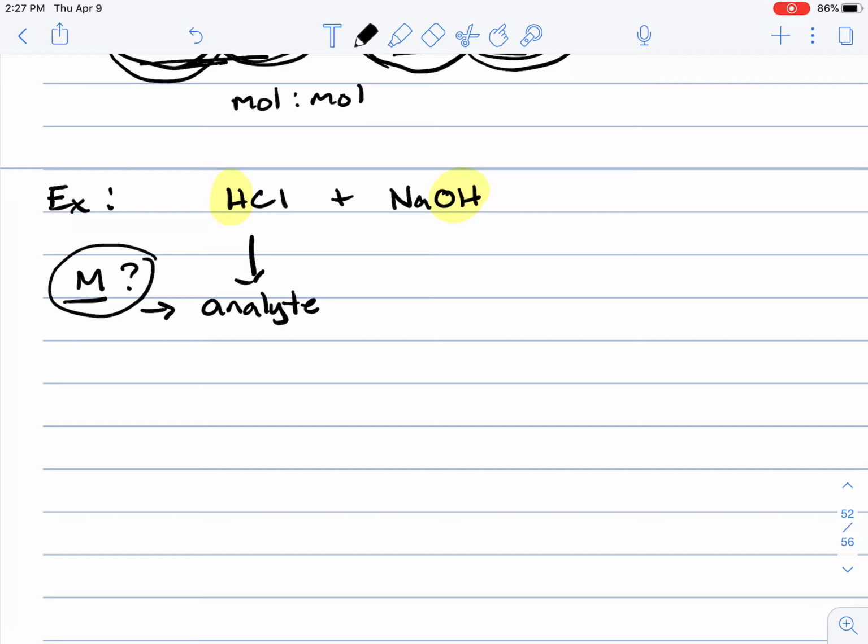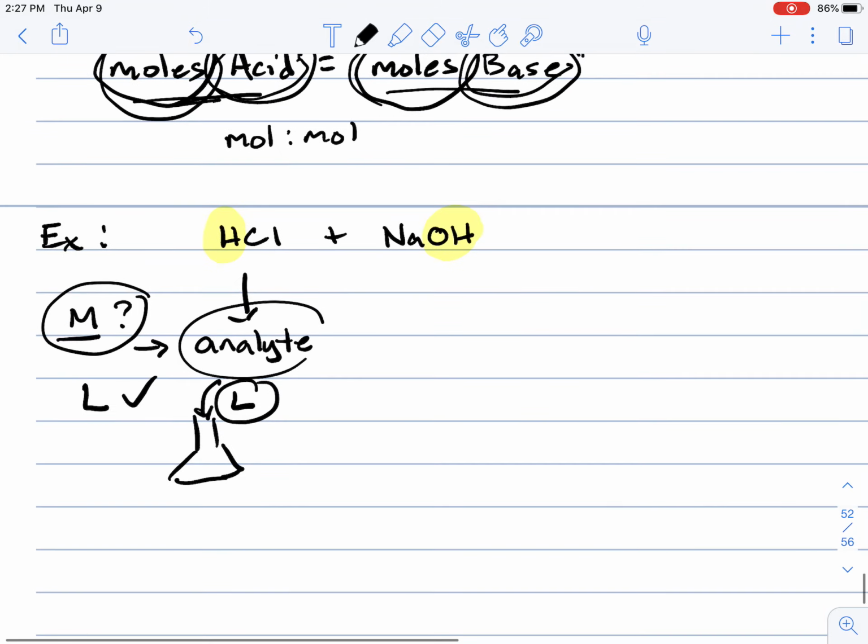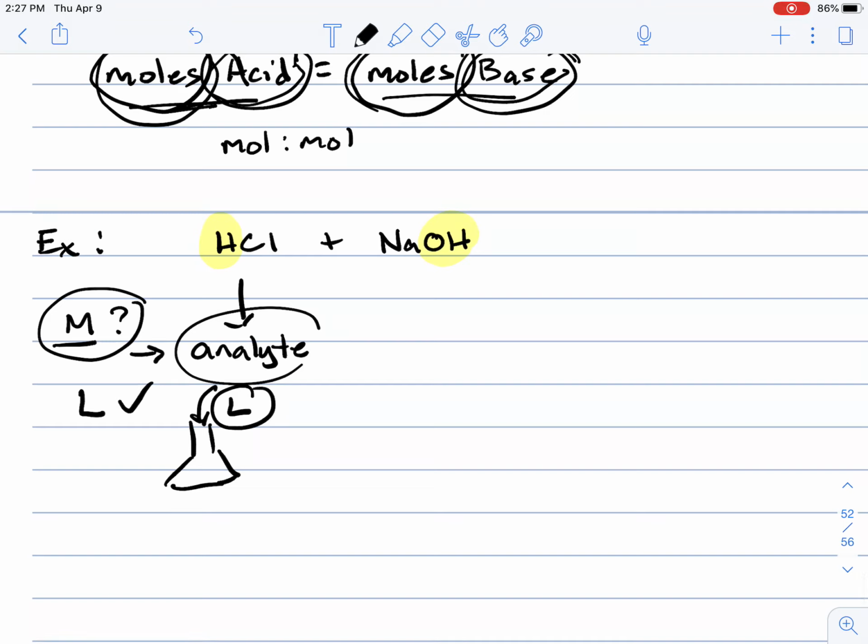But what I do know is the total volume that I've added of the analyte, because I just measured that out and put that in my Erlenmeyer flask, right? And so I'm going to measure out some amount of my analyte and put it in here, and the unit of measurement will be volume. And so let's just say that this sodium hydroxide is going to be our titrant.